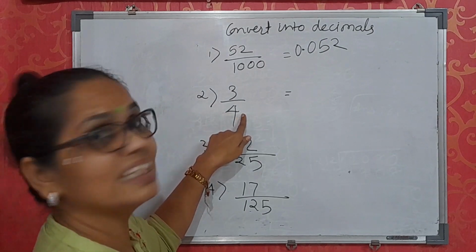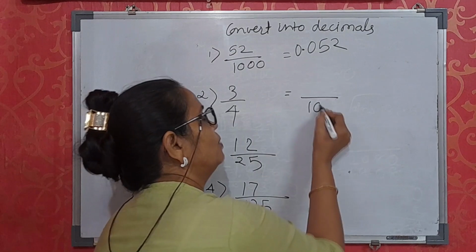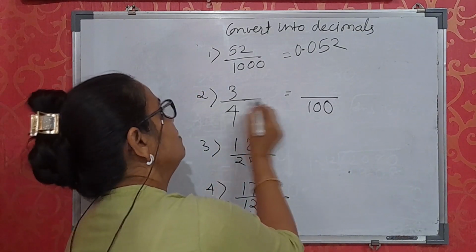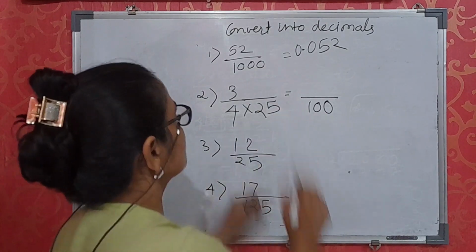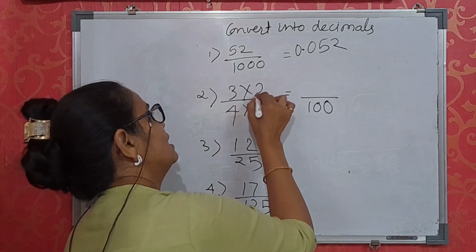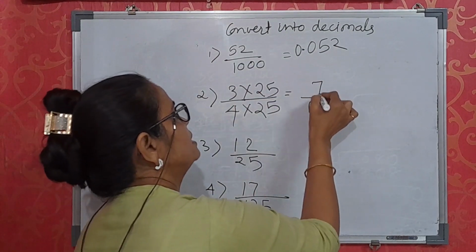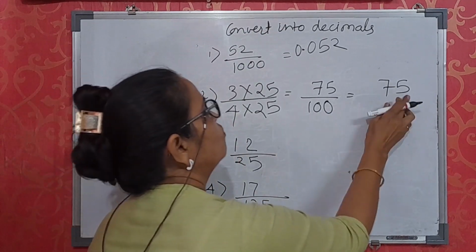But I can bring it to 100 form by multiplying 4 by 25. I have to multiply the numerator by the same number. This would be 75.